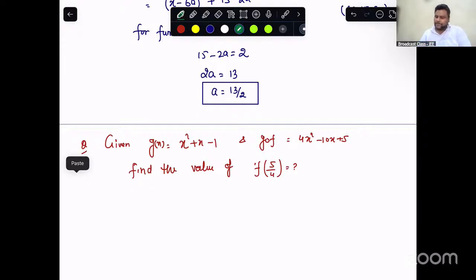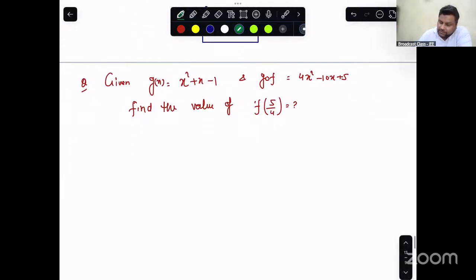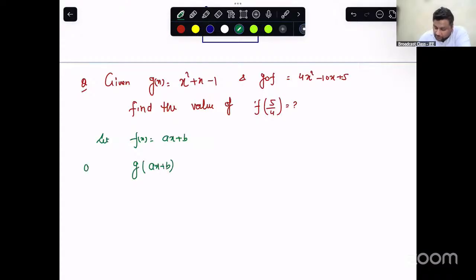Now see, gx is quadratic as well as gof is quadratic. That can happen only if fx is a linear function. Understood? So let fx be ax plus b. Now gof is g of ax plus b.